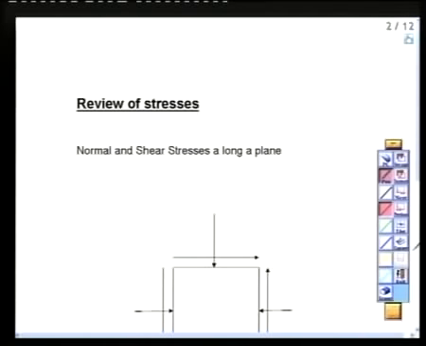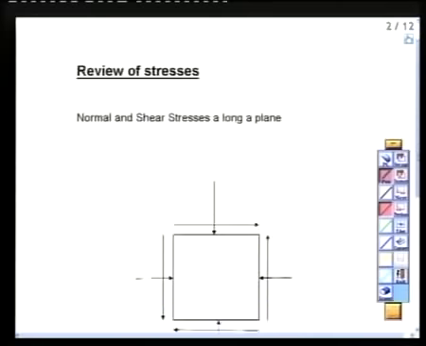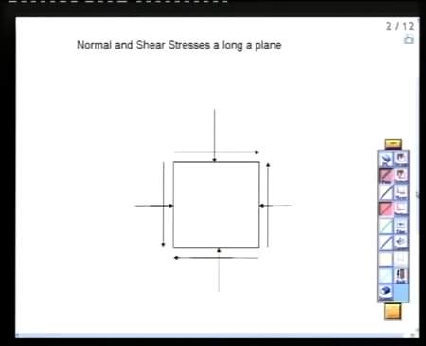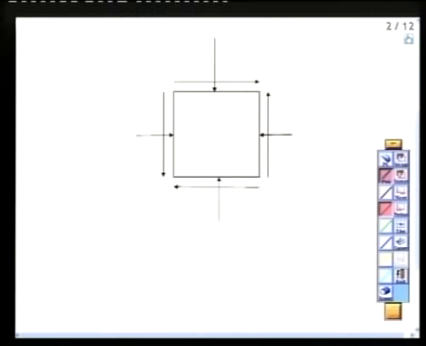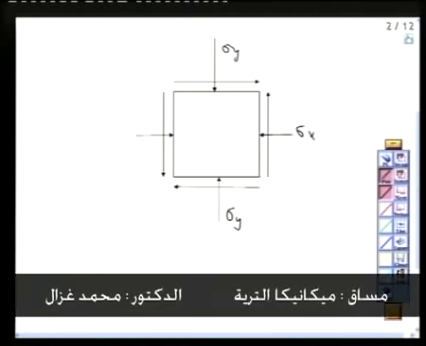We did some strength of materials review: stresses on a plane, normal and shear stress. As we said, if we have an element under equilibrium, it has loads acting on it. Suppose this is sigma y because it's in the y direction, this is sigma x because it's in the x direction, and this is tau xy.